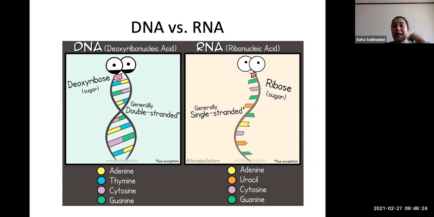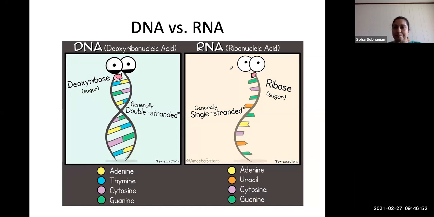For our purposes, as humans, DNA is always going to be double stranded. And yes, it says few exceptions, but not in the case of us. As humans, we're always looking at double stranded versus single stranded. So RNA would be my single strand. Again, in my body, there are exceptions in terms of microbes, bacteria, and viruses that may have differences.